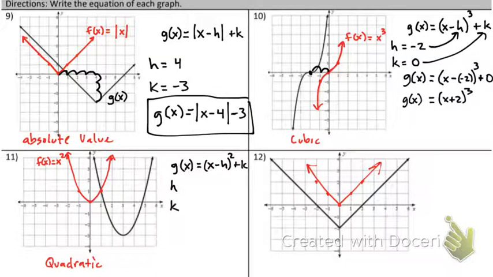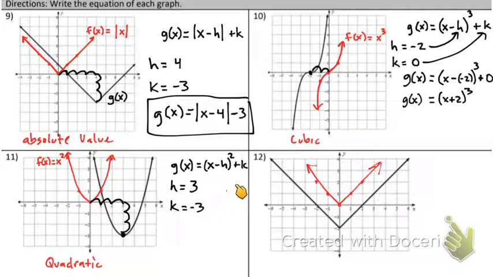H. Okay, so let's go from our original graph. I'm going to use this significant point and match it to its other significant point here. So let's shift. We're going to shift to the right 1, 2, 3. So I shifted to the right. That means my h is +3. And then I'm going to shift down 1, 2, 3, which means my k is -3 because I'm going down.